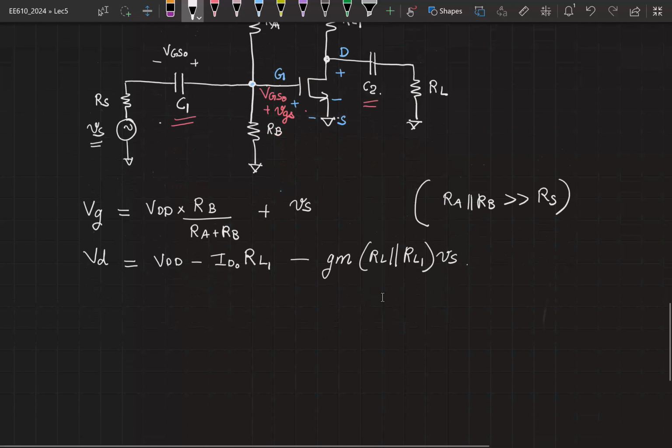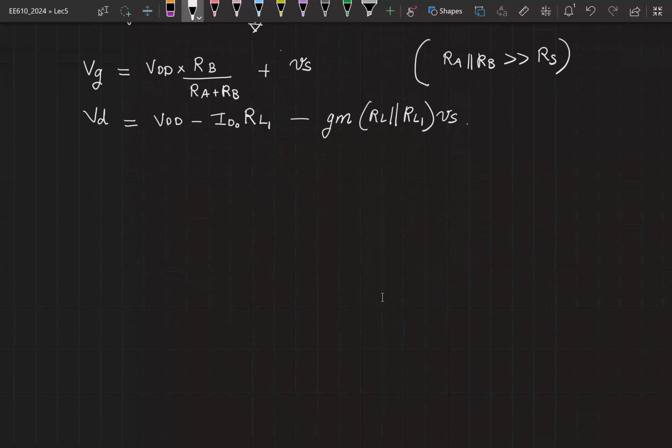Right? So we had started sketching this. Let's assume that this is your total gate voltage. This is around VGS0. Let's say you have some A sine of omega n t.